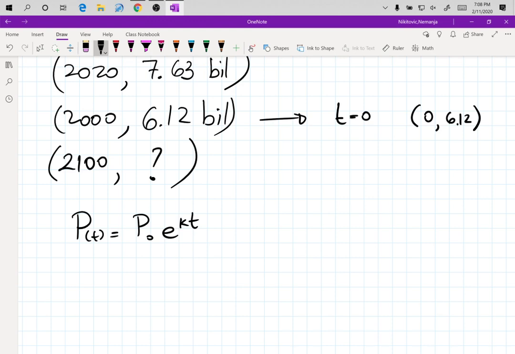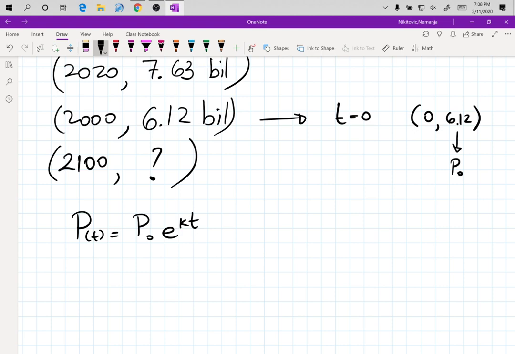As soon as you have a point that has t equals 0, the other variable is immediately p0 or m0, or whatever the initial case is. So this immediately becomes p0.